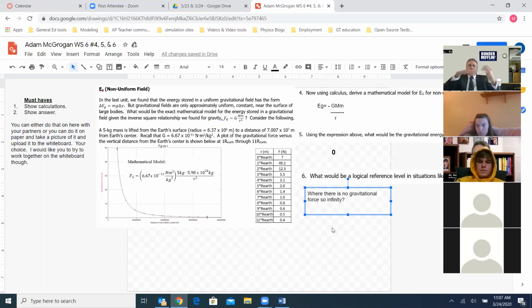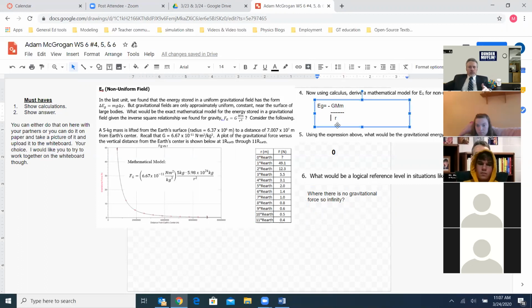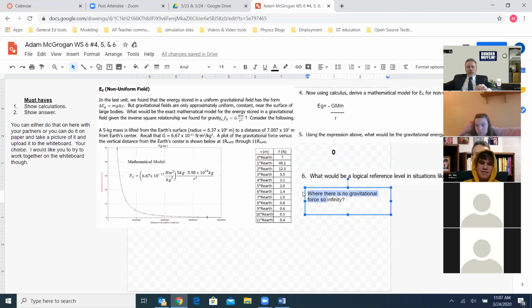And so that's what this problem's talking about. So normally we pick the lowest position to be the height of 0. That's because with the equation mgh, you can pick your height of 0 wherever you want it to be. But that's not true with this new equation. It has a 0 value at only one location, and that location is at infinity. So the logical location is infinity.